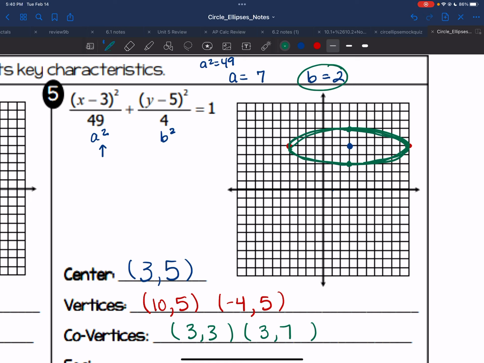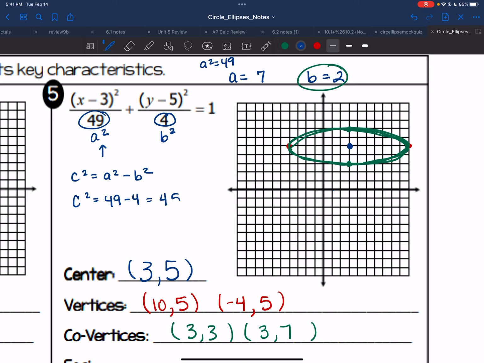Now to find our focus, we're going to use c squared is equal to a squared minus b squared, and those conveniently are already located here. So we have c squared equals 49 minus 4, and that will be 45.